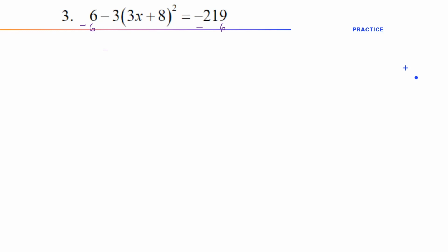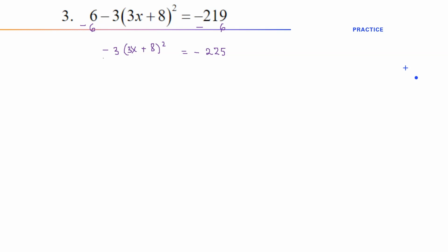What we have left is negative 3 times (x plus a) squared equals negative 225. So now we want to get rid of the negative 3. We want to isolate the whole binomial square.